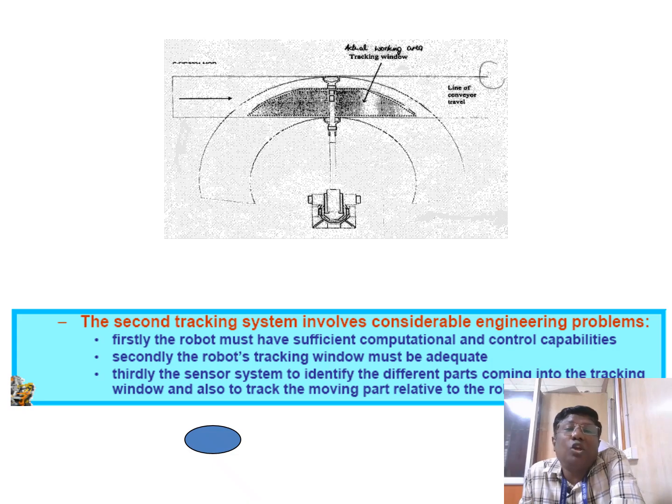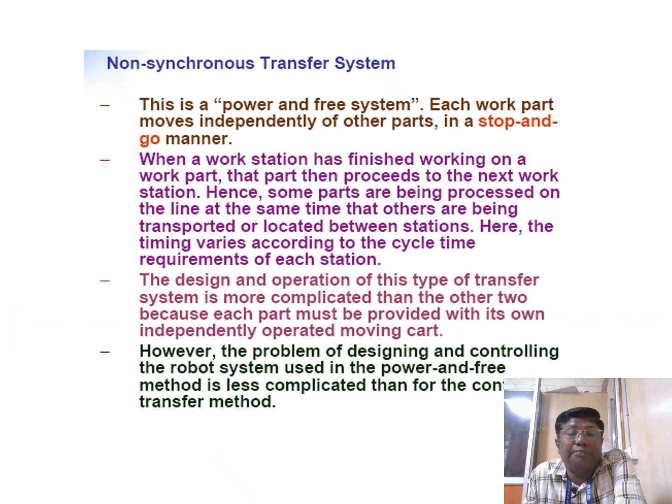The robot has to identify where the parts are and where to do the required operation, so that it will not make any mistake. Otherwise, the part will move from one location to another, and by the time the robot reaches the required location, the necessary operation will not be done. That is another problem with this method.